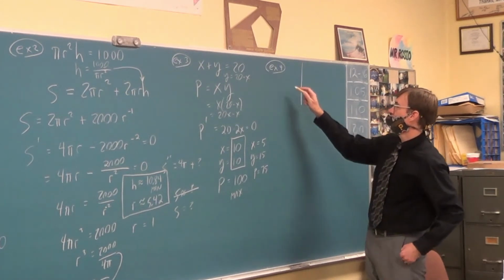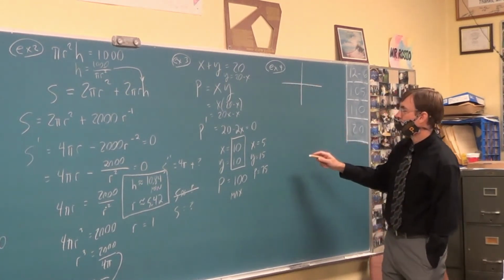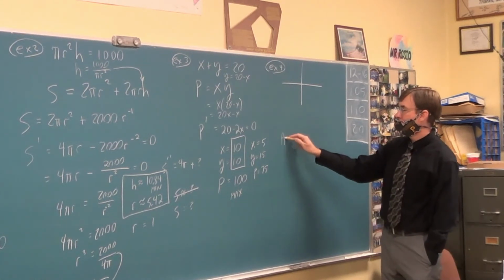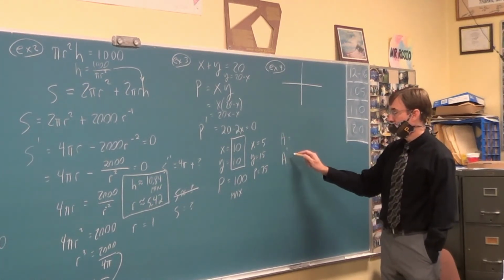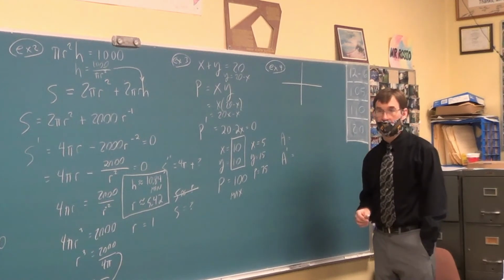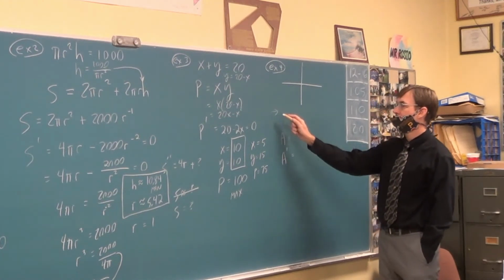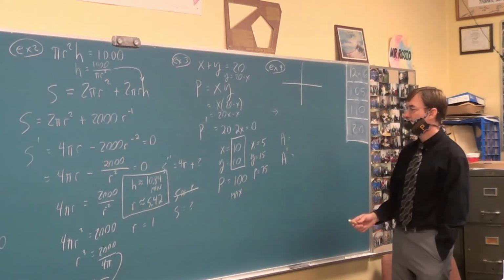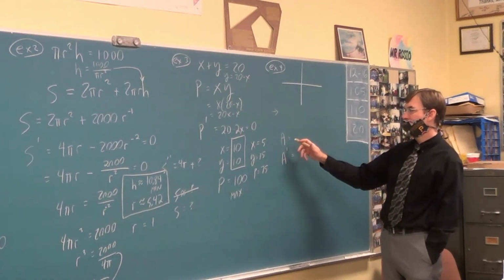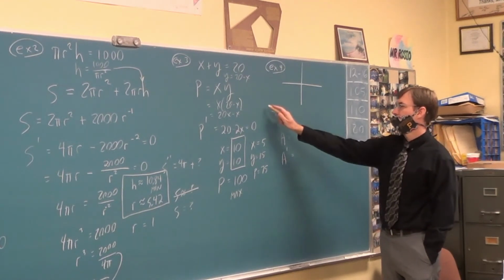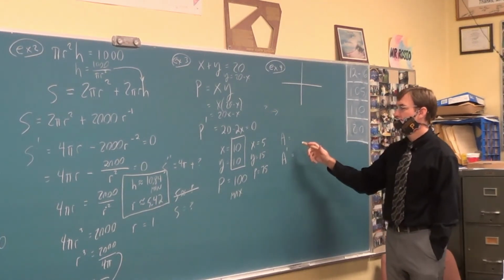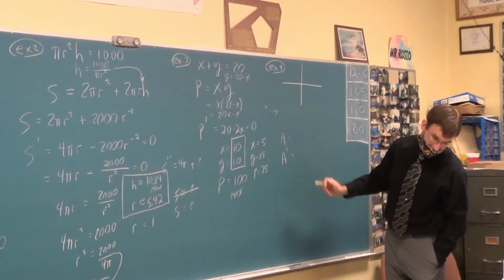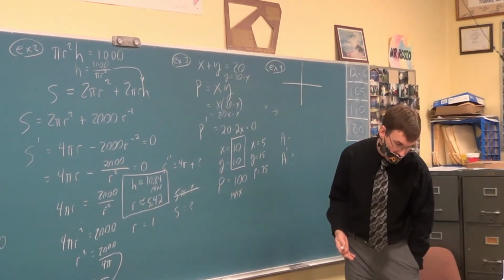A picture is going to be necessary, I think. The area is what we're going to want to do the derivative of. There's probably some other kind of equation that's afoot. Maybe not, I don't know. But we want to do the derivative of the area, because it said, what's the largest the area can be?